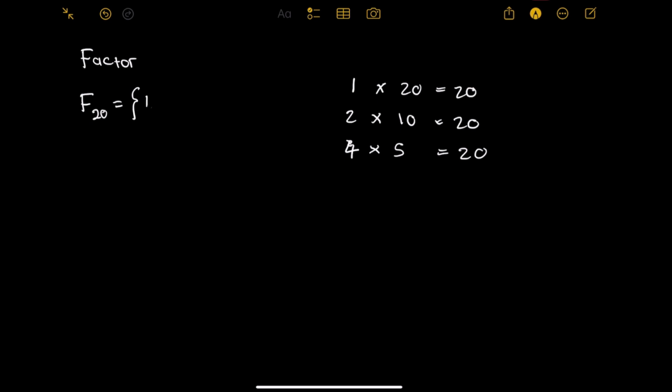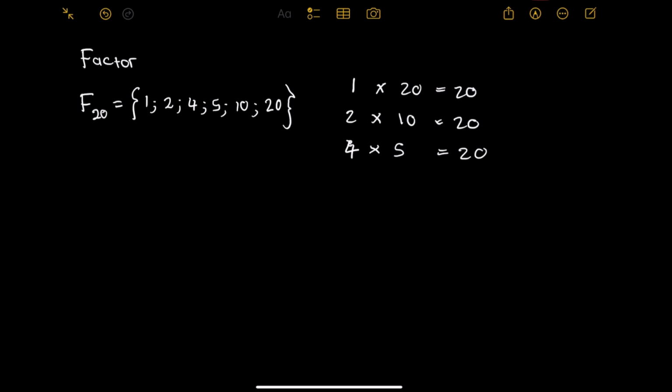If I had to write them down, the factors of the number 20 would be 1, 2, 4, 5, 10, and 20. These represent the factors of the number 20.